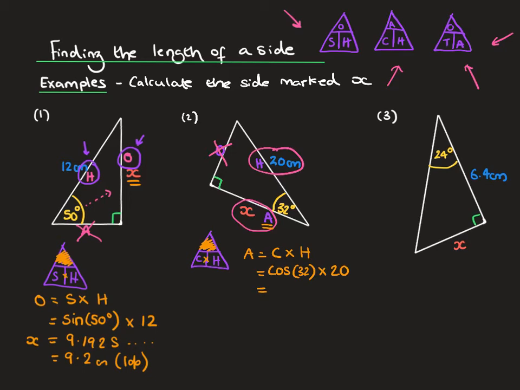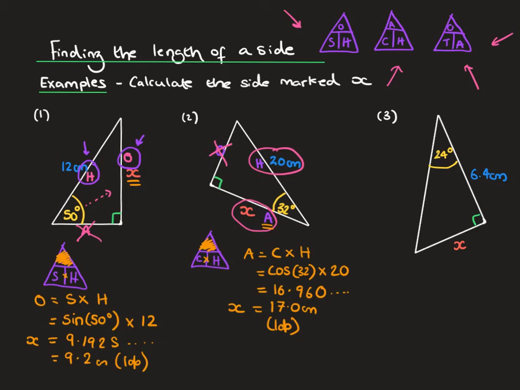Input that into your calculator, and you get an answer of 16.960... Let's round that, and this gives us our value of X, which is 17.0 centimetres to 1 decimal place. Let's try one final example.